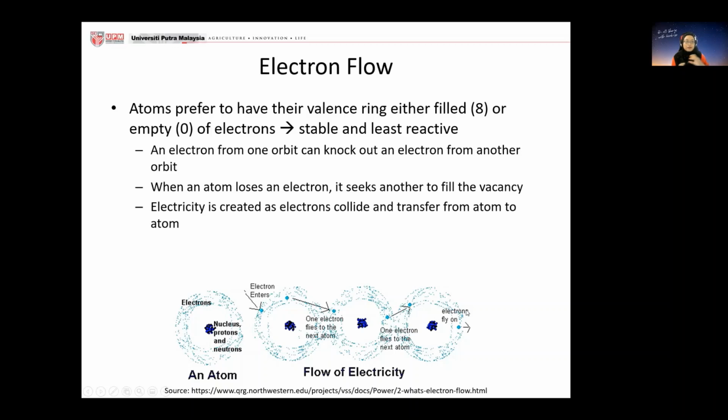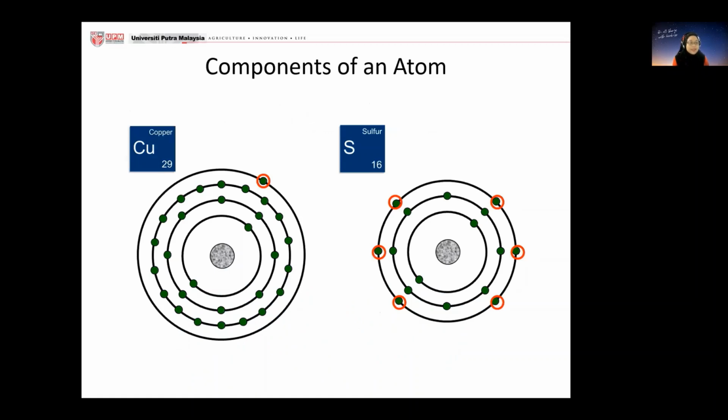So that flow creates electricity. That is basically how electrons can move from one point to another, and how electricity is generated from one point to another.